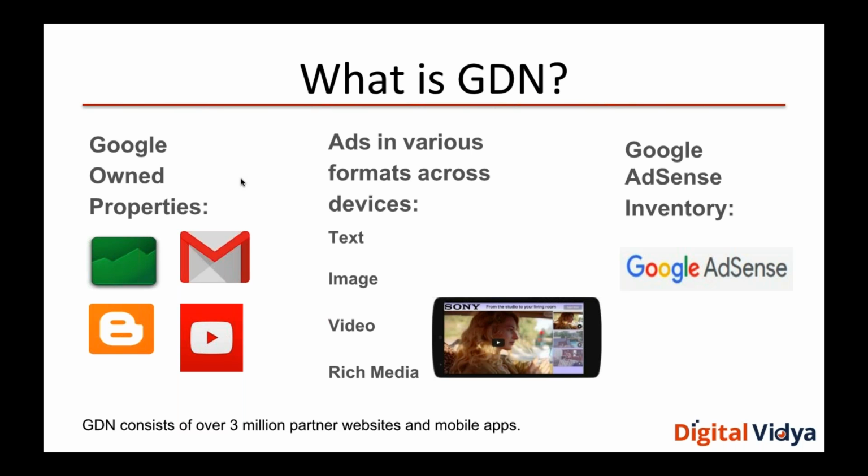So I call myself a publisher because I'm somebody who is giving space for these ads on my website or mobile app. Is that clear? So on the advertiser side, you have Google AdWords platform to create ads and target them to websites and apps. On the publisher side, you have something called Google AdSense, which is a completely different product, which you can use to provide space for ads on your website or mobile app. Any doubts so far? Is it clear?